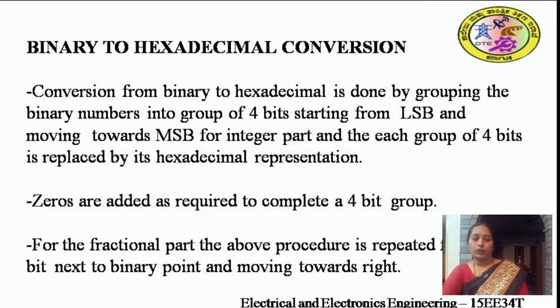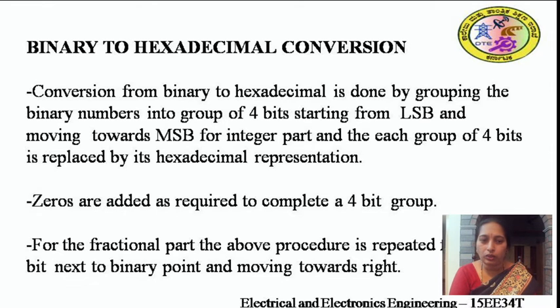The next type of conversion is binary to hexadecimal conversion. When we deal with microcomputers and microprocessors, they mainly use hexadecimal values, so we need this binary to hexadecimal conversion if the system demands. How to do this? This is very easy.